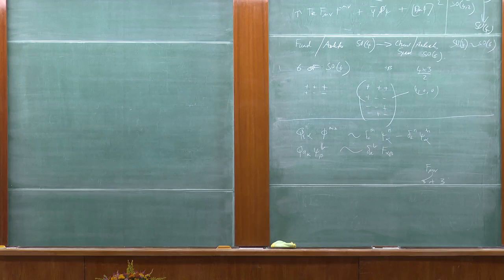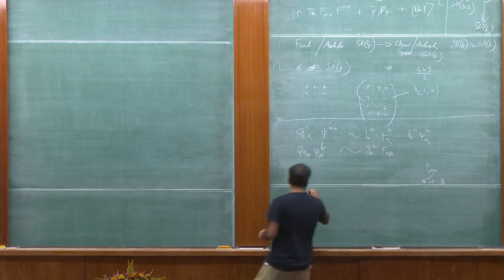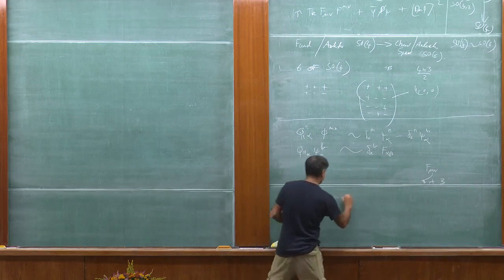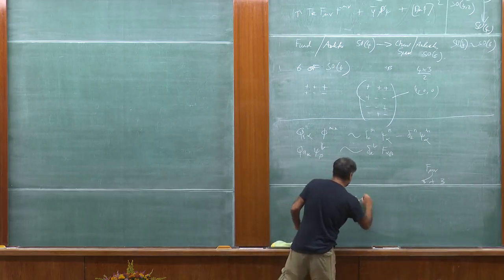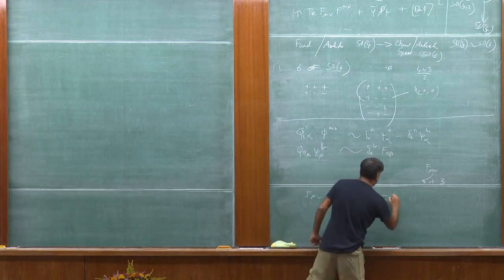Another way of saying it is that antisymmetric tensors of SO4 are not irreducible representations because you can put a duality or anti-self-duality condition on them. You can put the condition F mu nu is equal to half epsilon mu nu alpha beta F alpha beta.